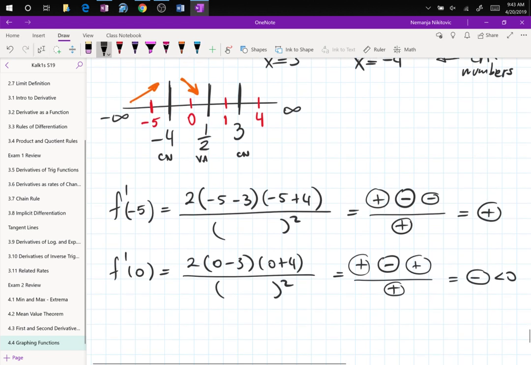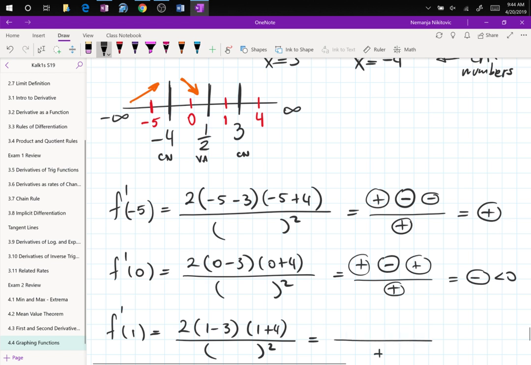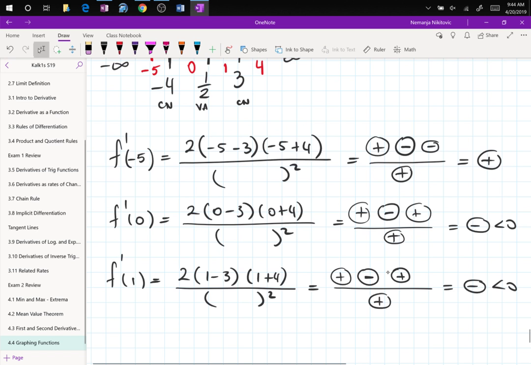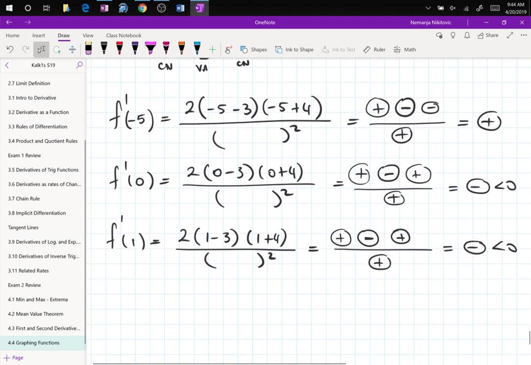Now we calculate at 1. F prime at 1 is 2 times (1 minus 3)(1 plus 4), divided by whatever squared. As soon as it's squared, it's always positive, so denominator positive. 2 is positive on top, 1 minus 3 is negative, 1 plus 4 is positive. We are getting negative again, meaning another decrease. And finally, we are computing this at number 4.